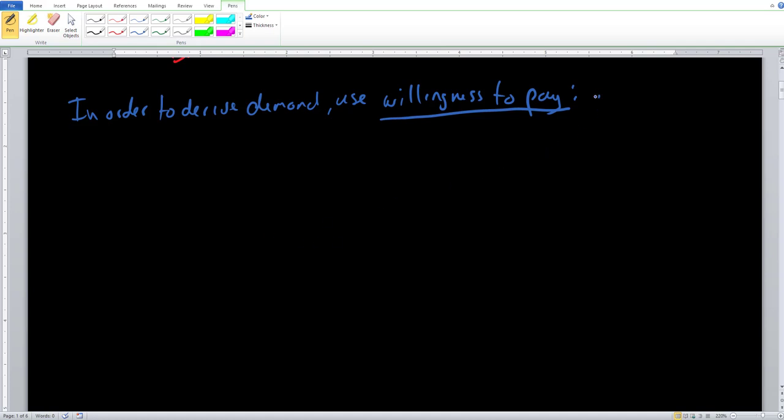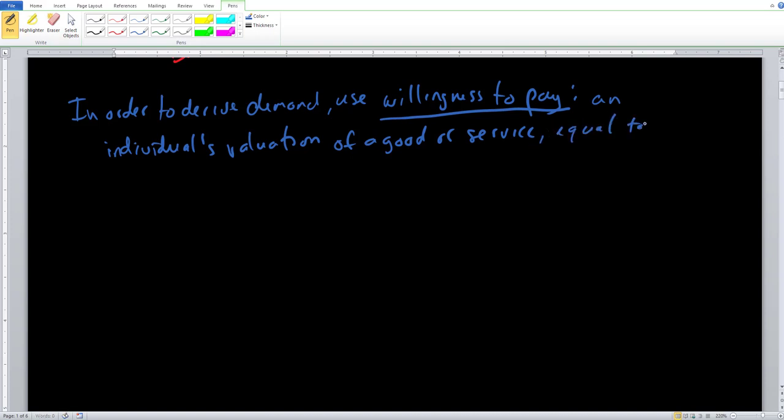So it's an individual's valuation of a good or service, and it's equal to the most an individual is willing and able to pay.